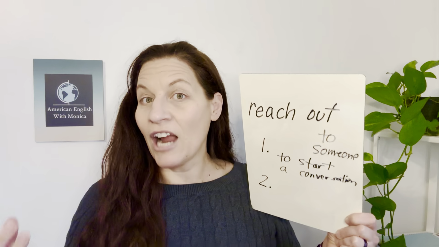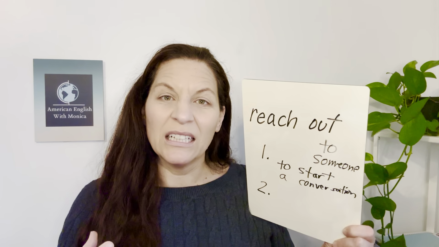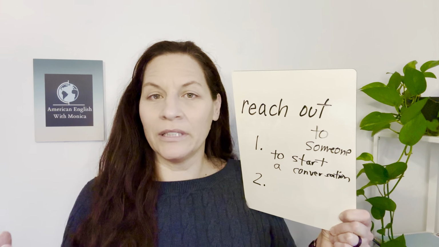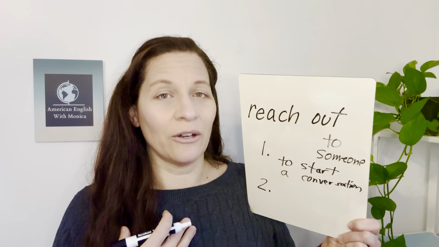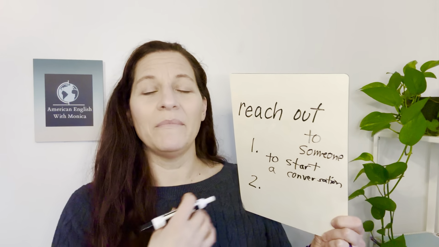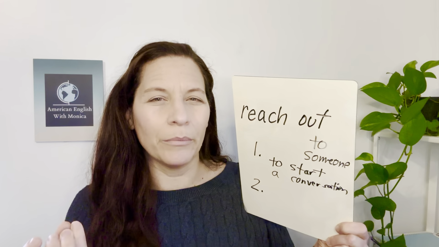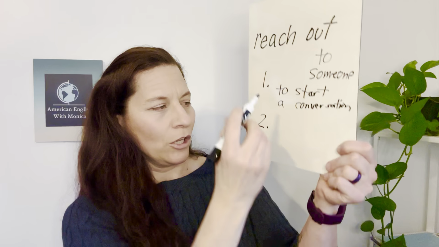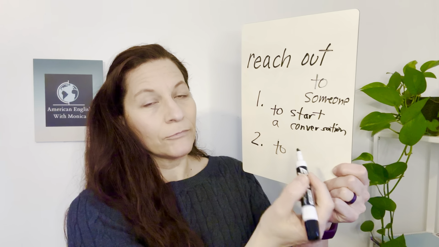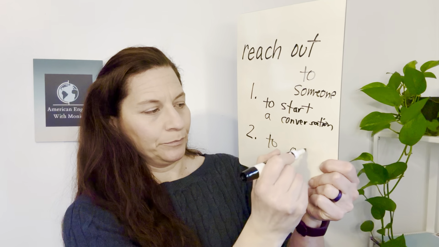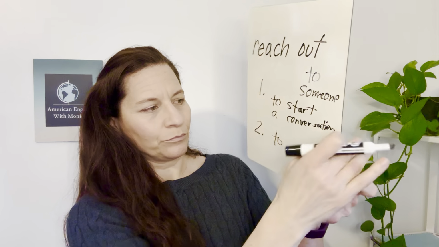Maybe they are depressed. Maybe they're sick. Maybe they're having a family emergency. And if I want to reach out to them, that means I'm seeing if they need my help. Okay? So to offer your help and support.